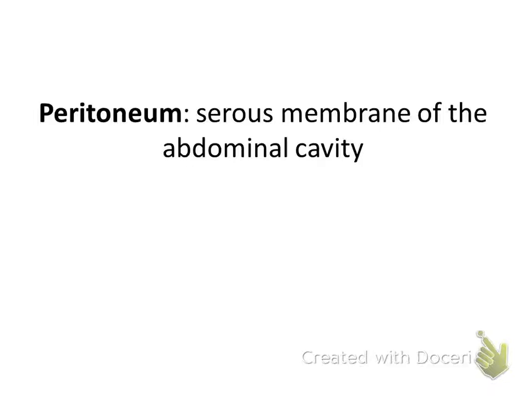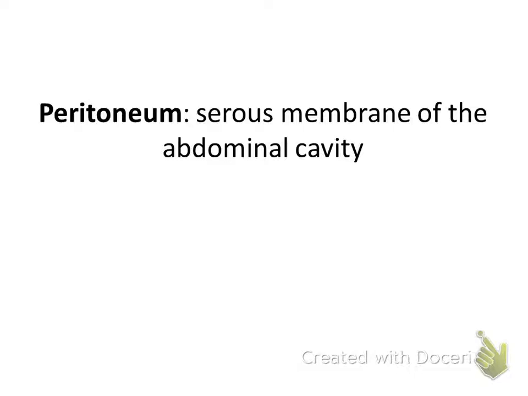So the general term for all of the serous membranes in the digestive system is peritoneum. But we can give that even more specific names depending upon where we find that peritoneum. So remember in lab last time we talked about things like the greater omentum and the lesser omentum.